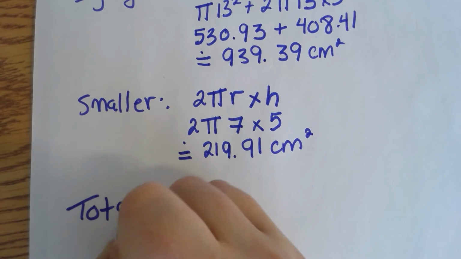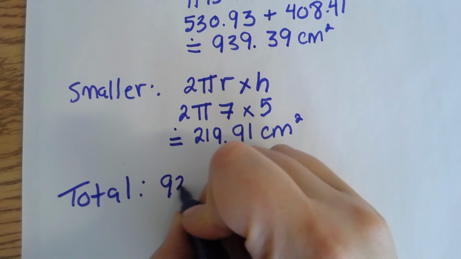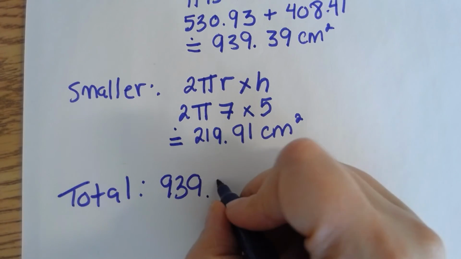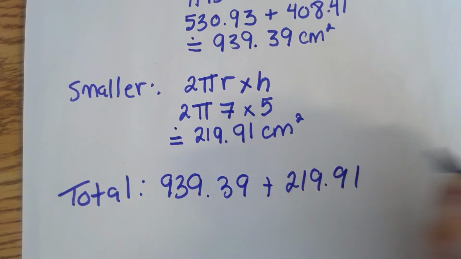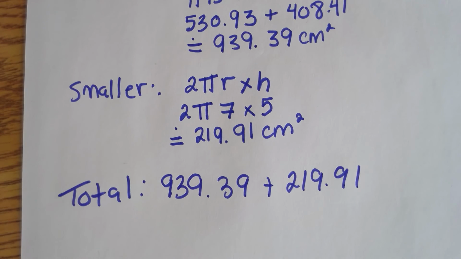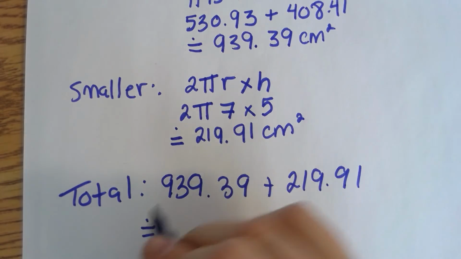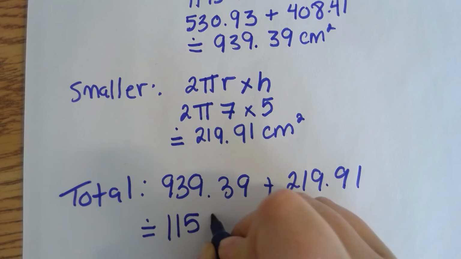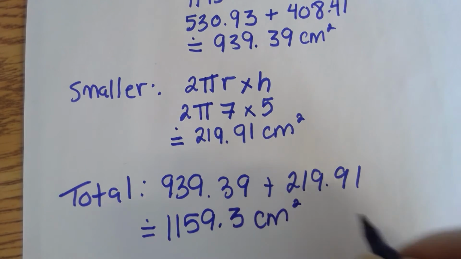The total here is going to be the sum of these 2 numbers. So I have 939.39 plus 219.91. So I'm going to add those 2 together to figure out what my total surface area is for my 2 cakes and how much I'm going to need to ice if I were to do this. So I am going to need to ice 1,159.3 centimeters squared.